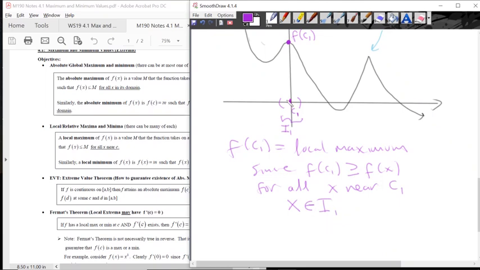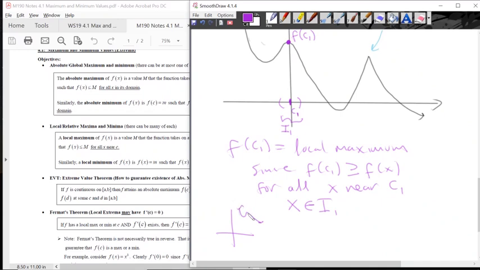So for any other value of x that we could choose within this interval, let's say I choose a value of x right here, the associated y value for that x is not greater than f of c1. Again, the y value that we get could be the same as f of c1 and it would still be considered a local max, but it can't exceed it within some localized neighborhood.